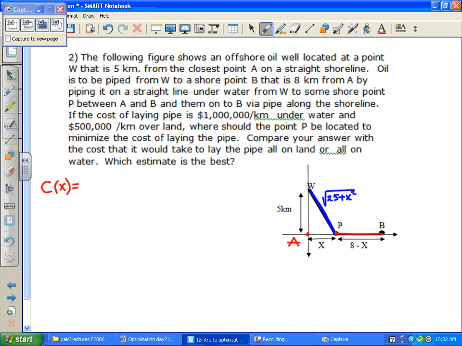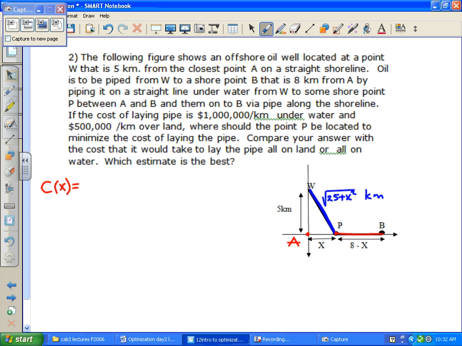So what is the cost of laying the cable over that distance? It's $1 million per kilometer, and it's that length. Exactly. However many kilometers this is, you multiply it by 1 million. That's your total cost of laying the cable underwater, over the blue region.